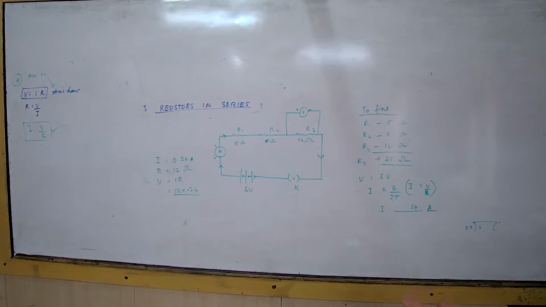Do that. You can't do it mentally. Come on, 12 times 0.24. It is 2.88. Correct. That's your answer. Come on, write it down.